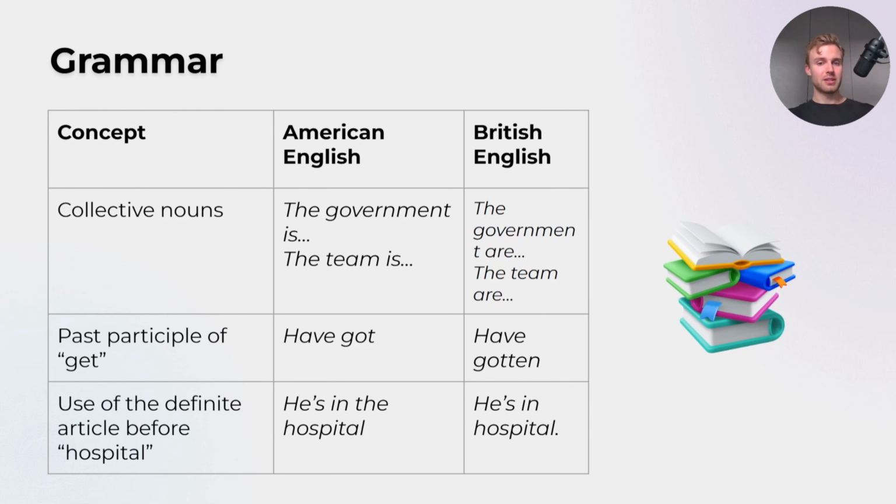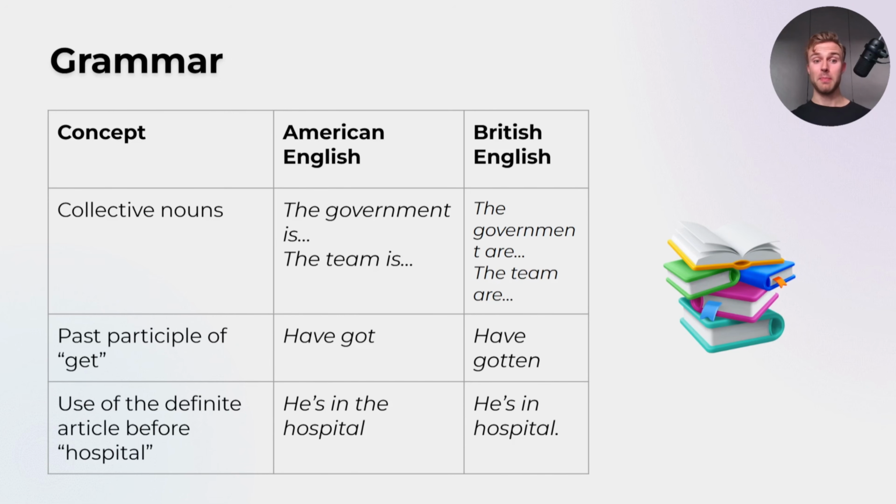The government is comprised of many different people. The team is comprised of many different people. Now, in American English, these collective nouns are singular. For example, the government is, or the team is. But in British English, they often put these in the plural. The government are. The team are.